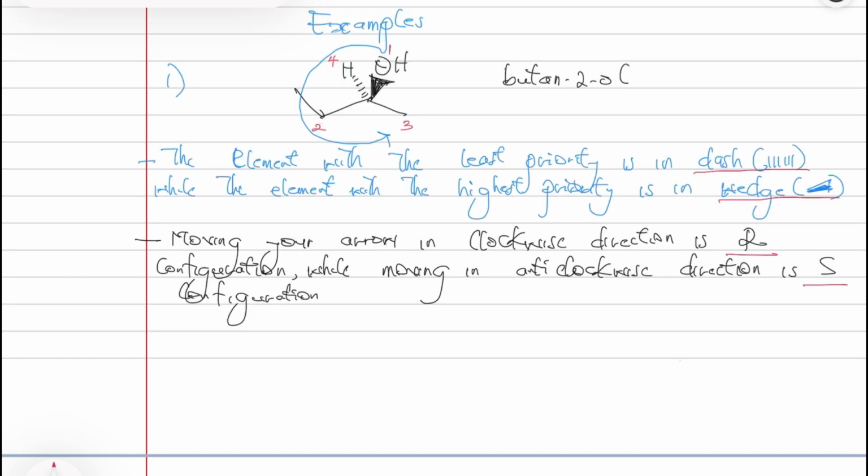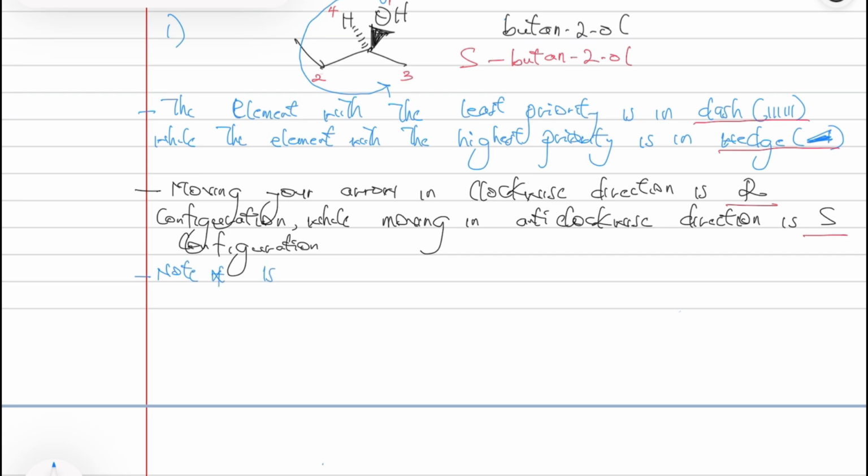So with regards to this compound, the configuration of this compound is S, and the complete name is S-butan-2-ol. That is the configuration of this compound.